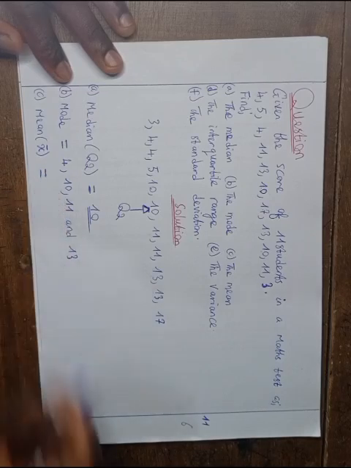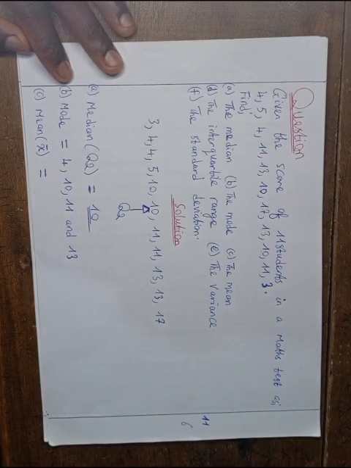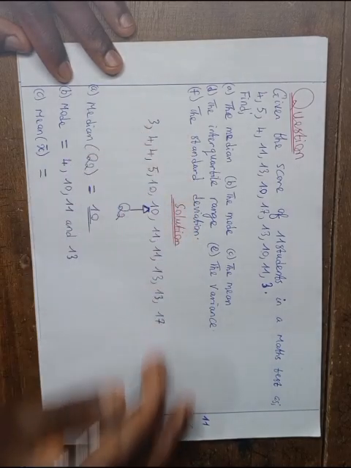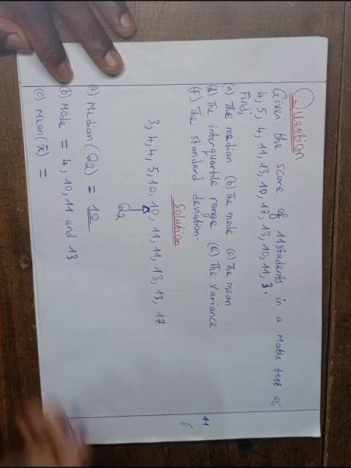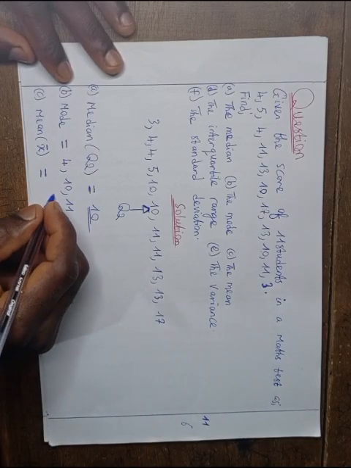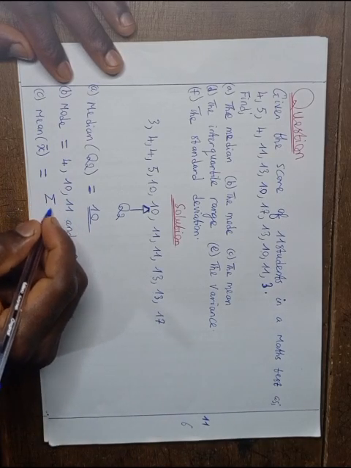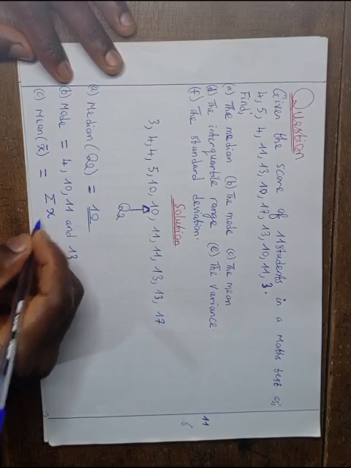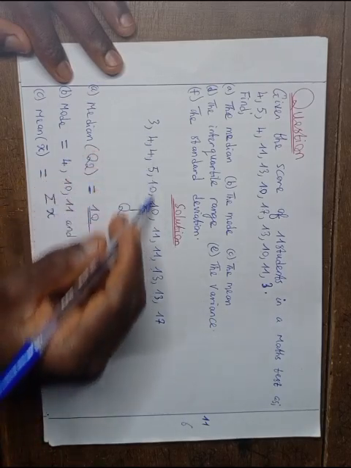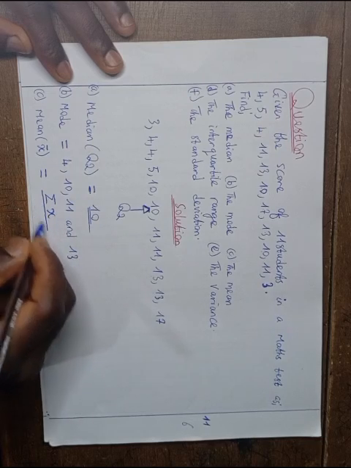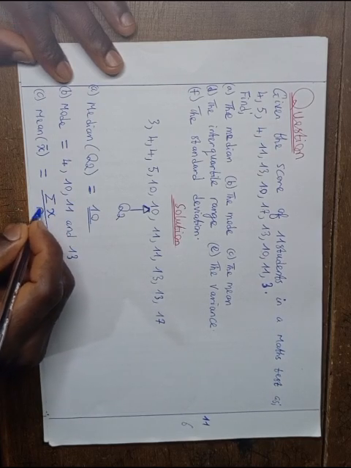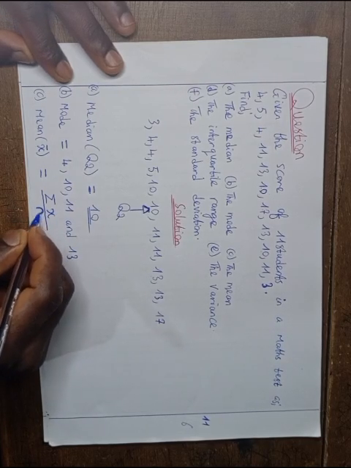We sum the observations, then we divide by the number of observations. In this case, we are going to make use of a symbol that stands for summation. That means you add all these numbers we have here, then you divide by the number of times you see them.